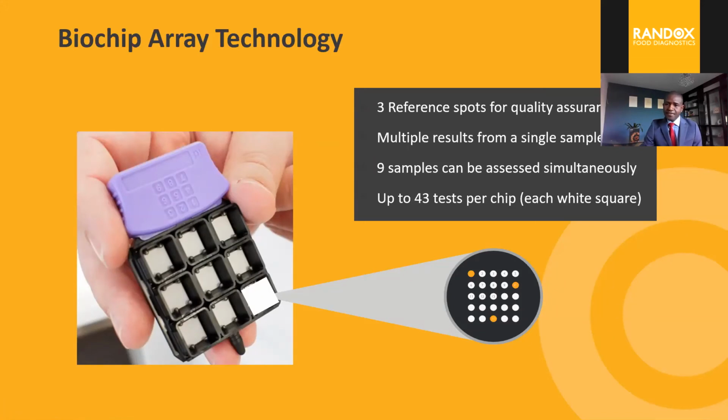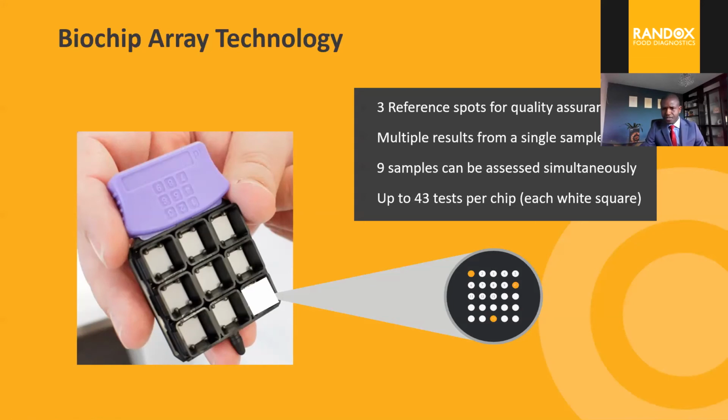It is suited to the honey industry as well, because on this biochip you can test a lot of parameters that are regulated, and you can detect them at lower quantities than those specified by the EU regulations, for example.